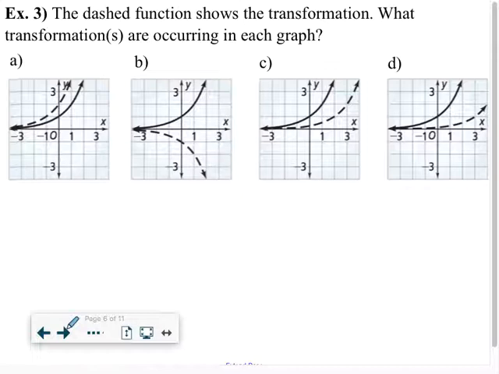And it says the dashed function shows the transformation. What transformations are occurring in each graph? This time, I don't want you to say translation, dilation, reflection. I want you to say something like right 2, down 1, stretch of 3, okay?